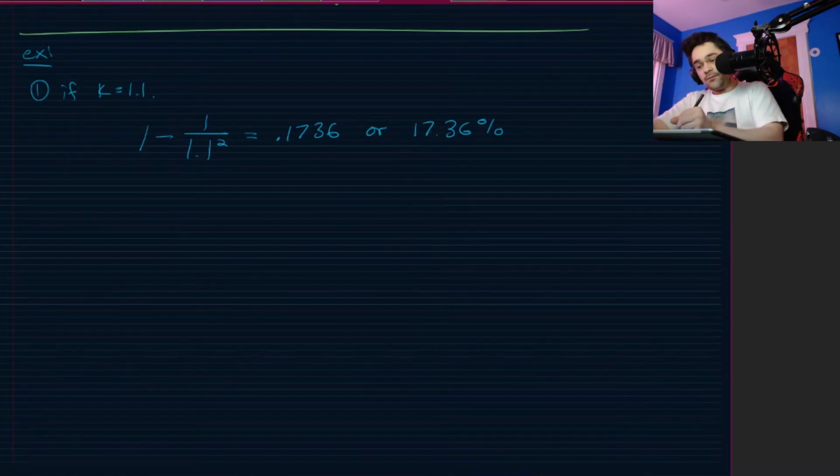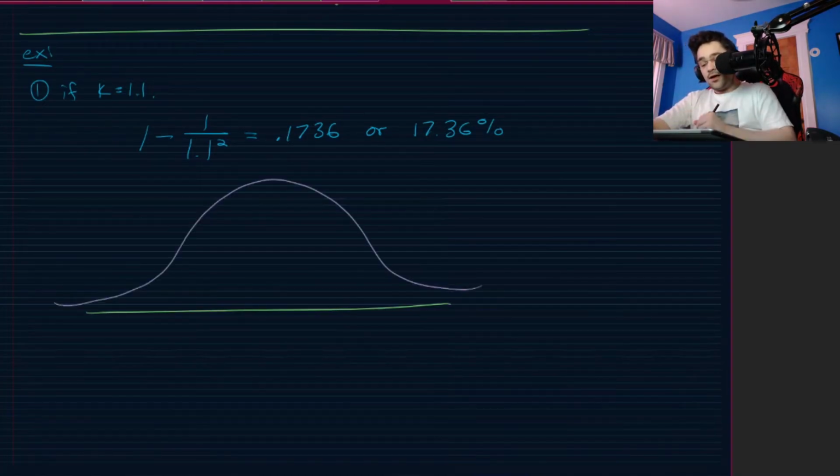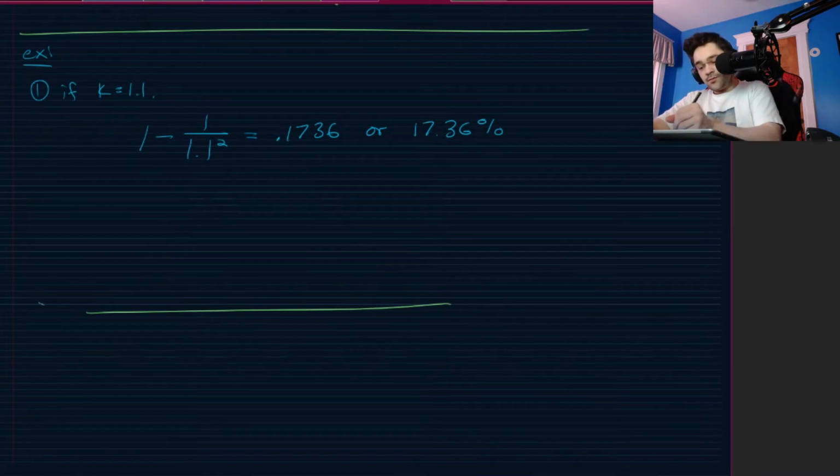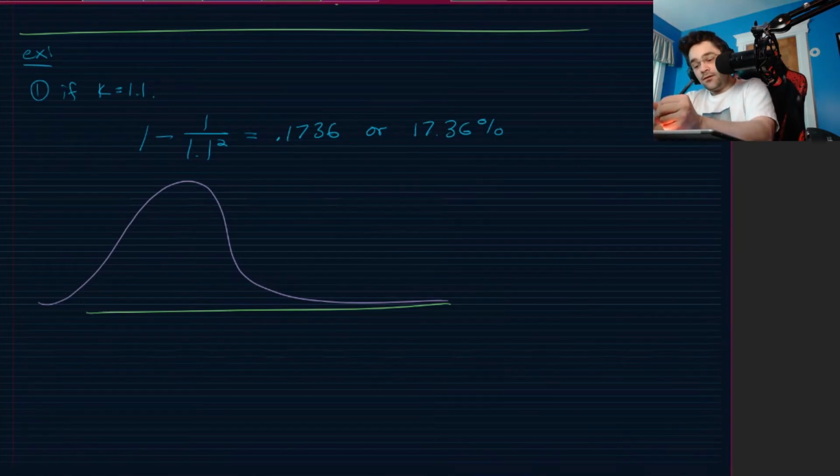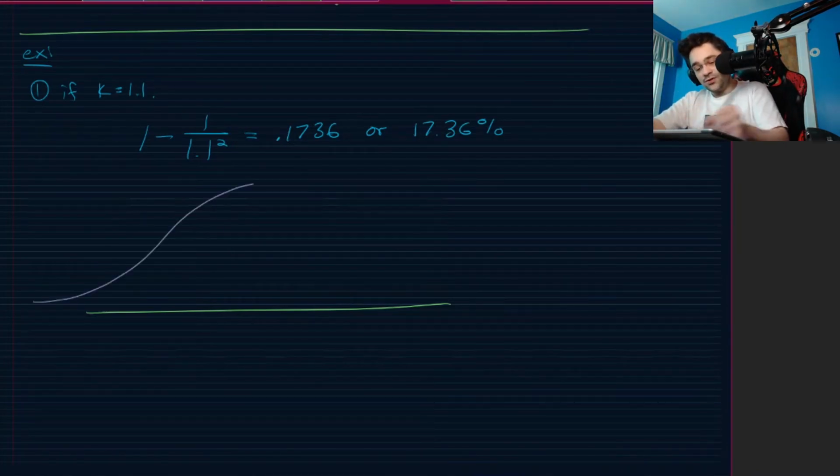So let me show you a picture here. Let's assume we've got some random distribution, something like this maybe. It's a little skewed to the left. We know that, let me draw just a normal distribution for convenience.